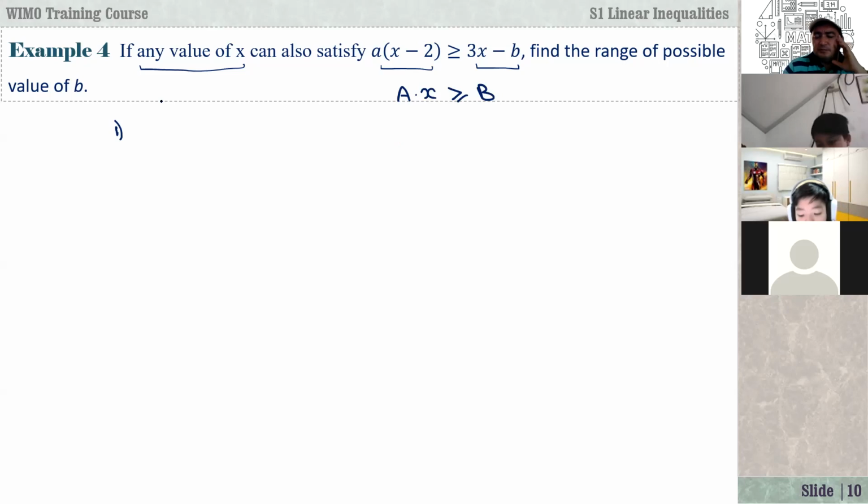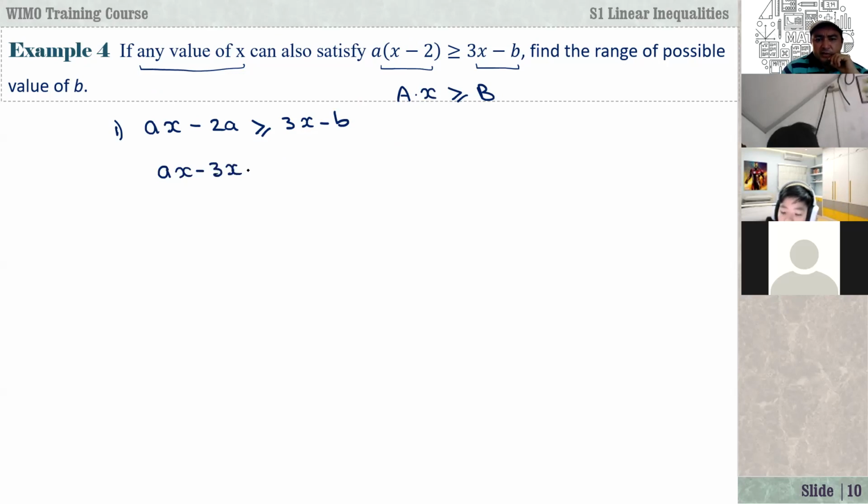How can I do this? Just simple manipulation. Remove the brackets. Here we have a times x minus 2 times a, so 2a, greater than or equal to 3x minus b. Now, if you take 3x to the left, ax minus 3x is greater than or equal to, take 2a to the right, it is minus so it becomes plus, 2a minus b.